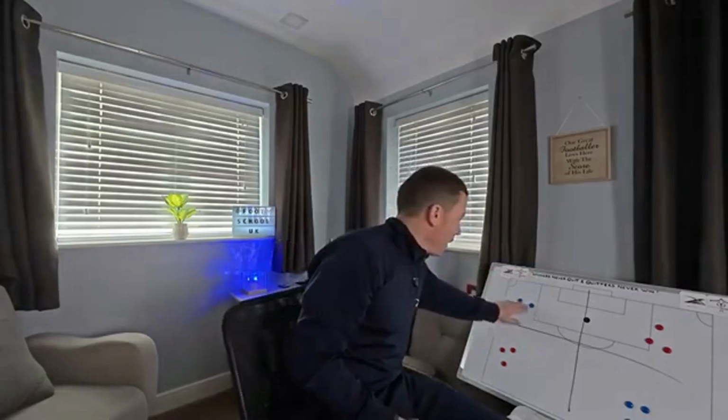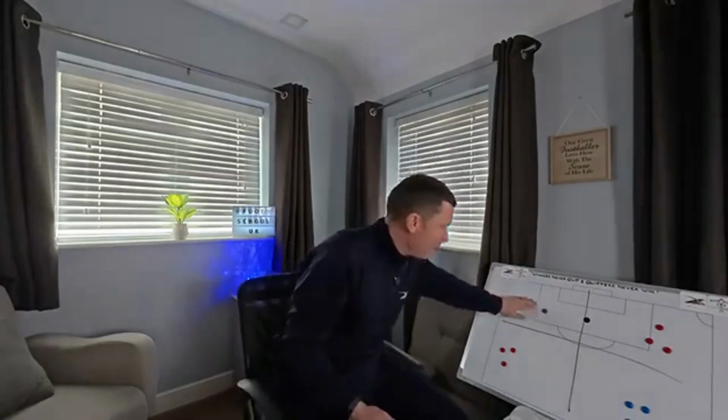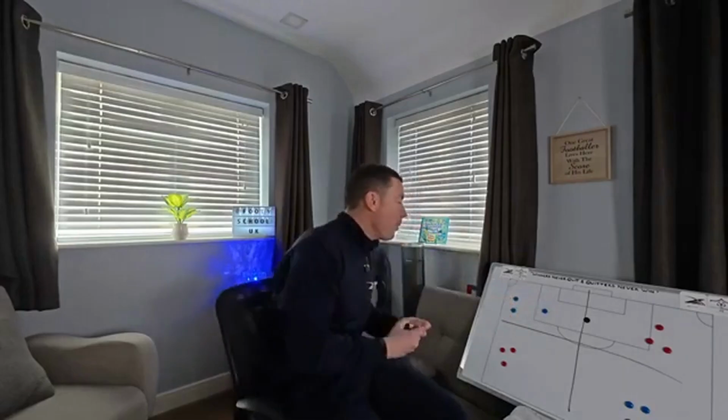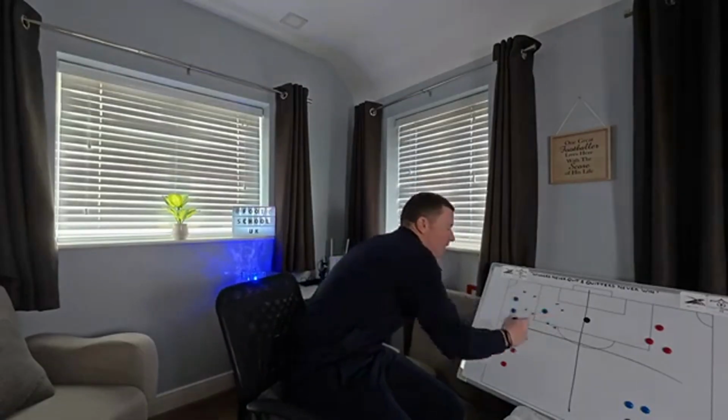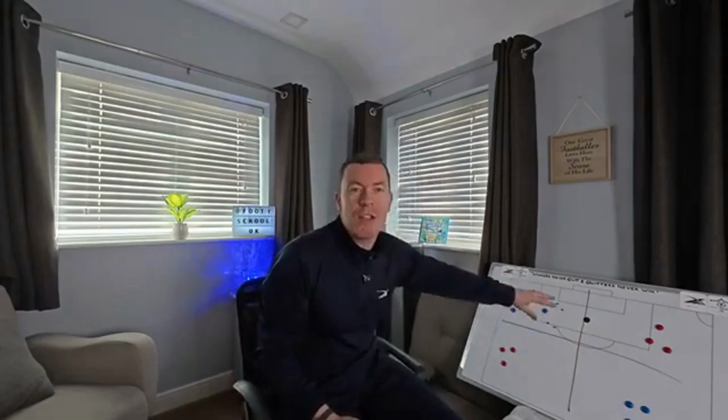Now, when the second player arrives, they can then play together and they can pass and move, do a few little combinations. We may well have gates dotted around, okay? So you can easily have a situation where you can say, well, okay, pass and dribble, repeat. So you got to pass through a gate, you got to dribble through a gate. And as players arrive, you filter them into these quadrants.